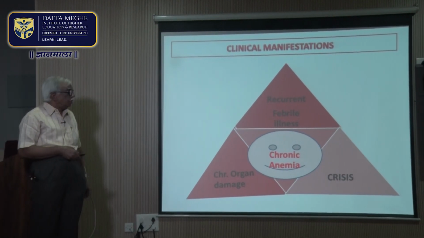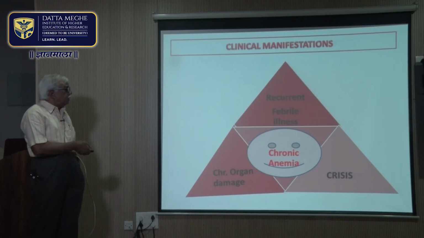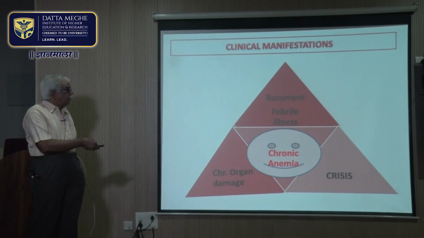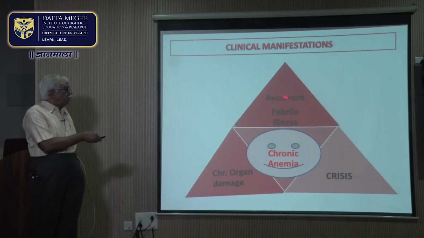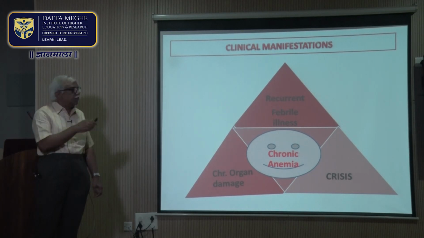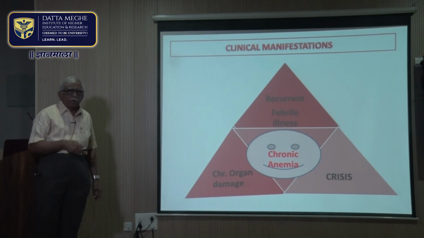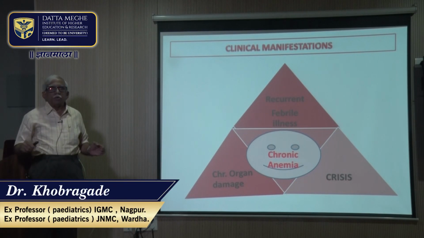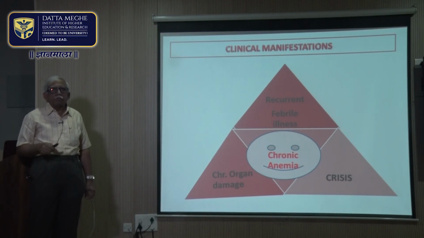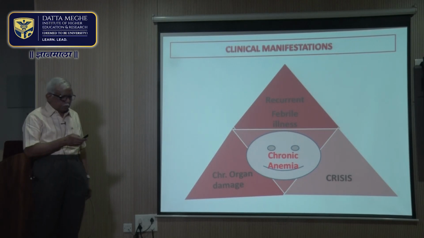Different types of crisis you get, and then chronic organ damage, either because of chronic anemia, or crisis, or recurrent febrile illnesses. Ultimately you get chronic organ damage. All these 4 factors are responsible for the total presentation, and that depends upon the age and the various underlying conditions in these children.